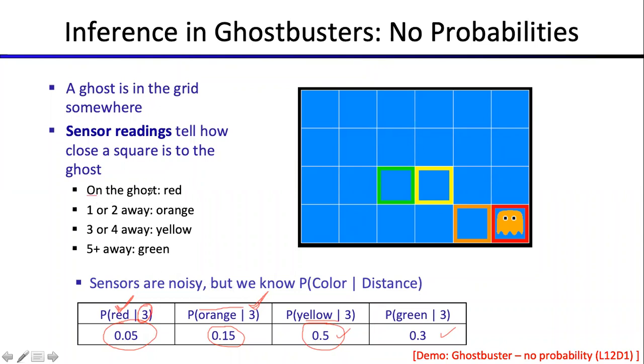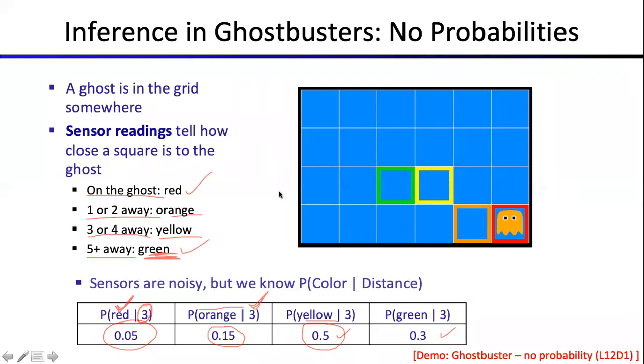Okay. So if you are on the ghost, then the red color appears. If you are 1 or 2 cells away, then orange color appears. If you are 3 or 4 cells away, then the yellow appears. And if you are 5 plus away, then the green cell appears. Okay? So you win the game if you hit upon the ghost, right?